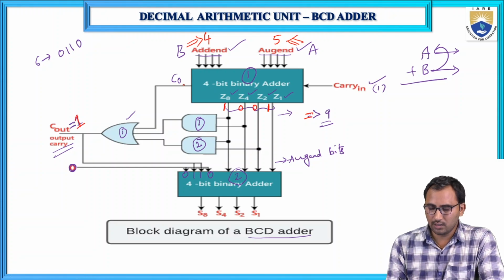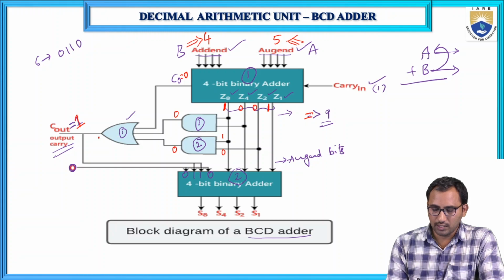Here no carry is generated because 5 plus 4 is 9. It doesn't generate any carry, so Cout is equal to 0. Here it is 1, here 0, here also 0, and the output of the AND gate is also 0.